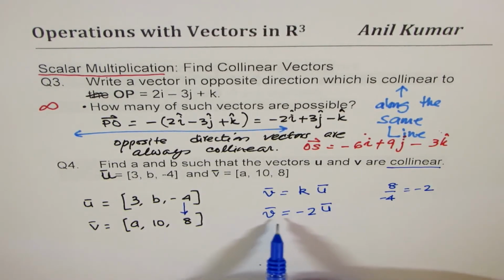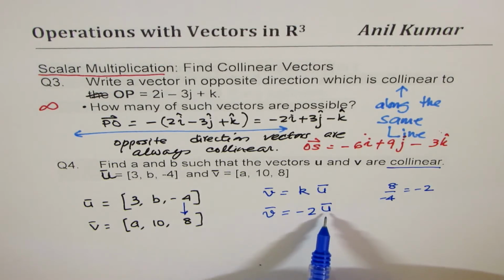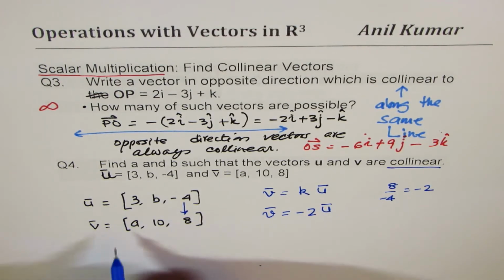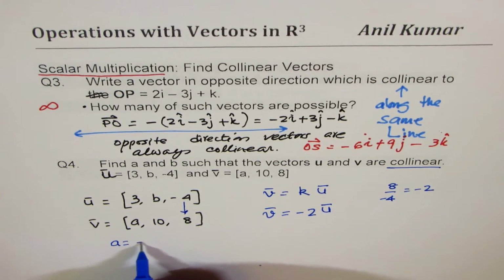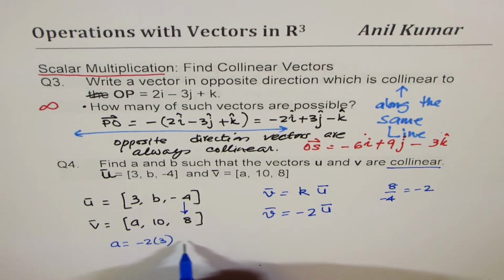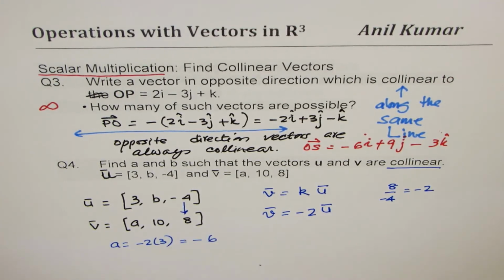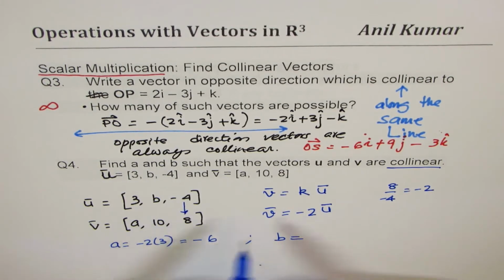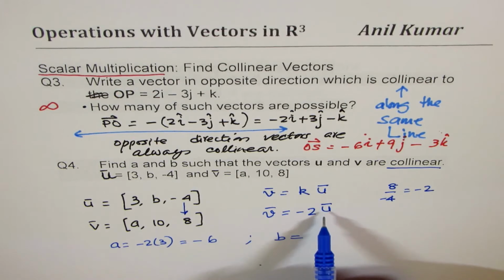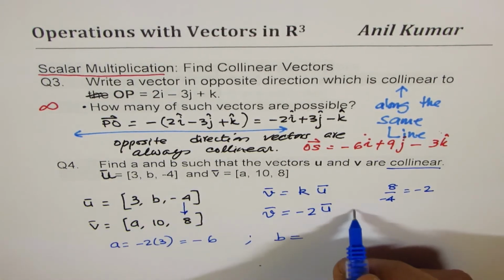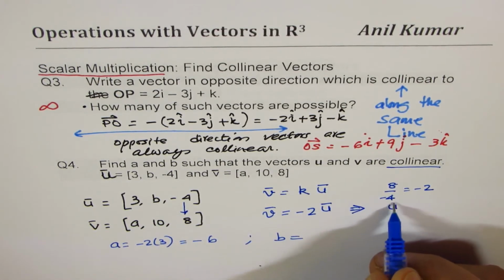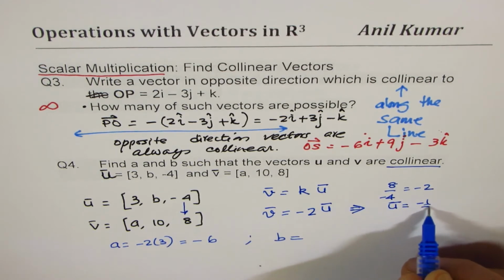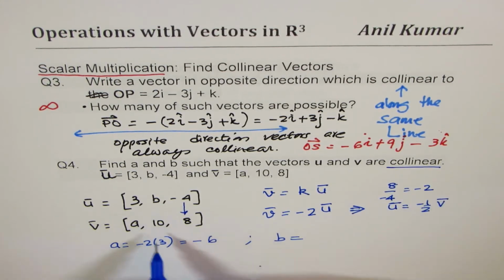If you apply this, that v is minus 2 times vector u, then you can get what a is. So a equals minus 2 times 3, which is minus 6. And for b, b is on the u side, so this also implies that vector u is minus half of v. Is it okay? The reverse operation.